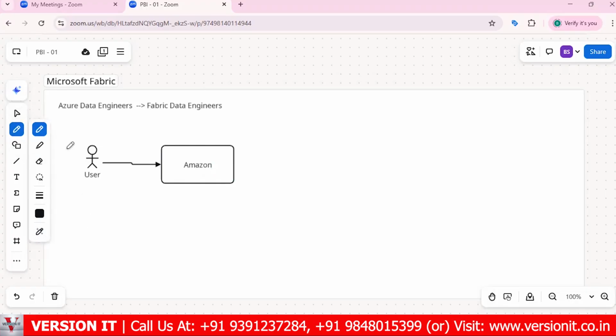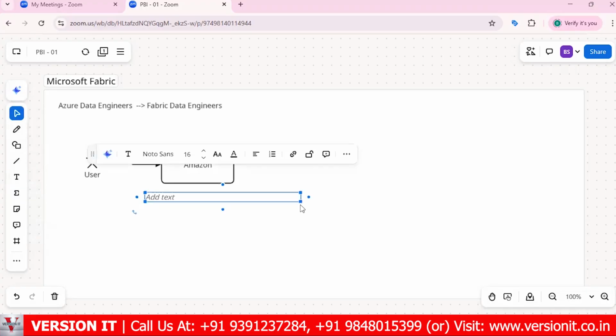So when any customer is ordering a product, they're going to fill in a few details. For example, customer details, because in order to deliver the product, customer details are required.